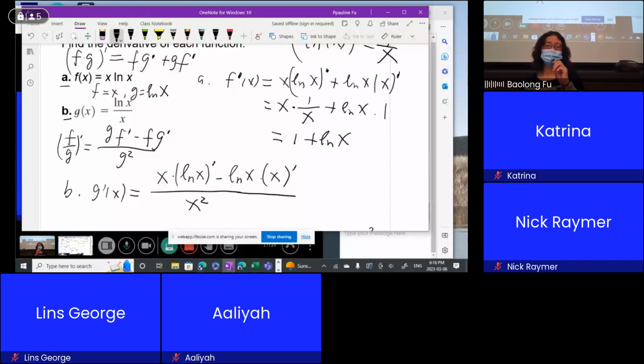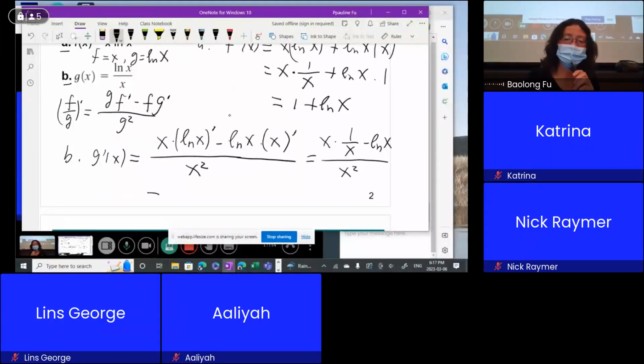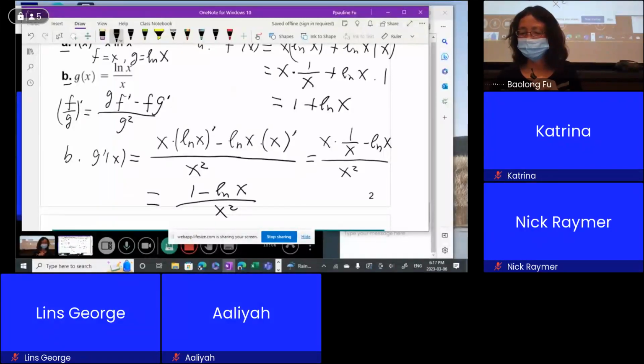Directly use the quotient rule for B. Copy down the bottom squared. On the top, the derivative of ln x is 1 over x, and the derivative of x is 1. So the final result is 1 minus ln x over x squared. Questions?